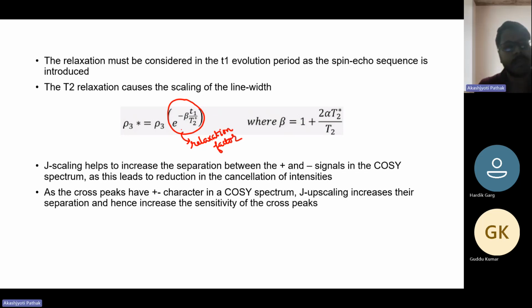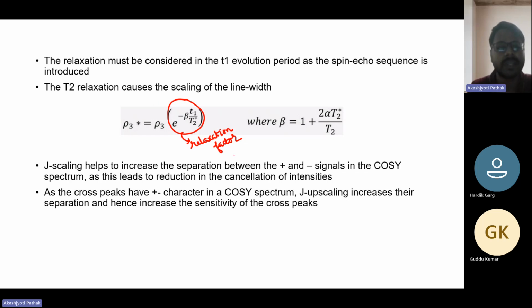It will be multiplied with this rho 3 term. So what is this relaxation factor? It is e to the power minus beta T1 by T2 star. What is beta over here? Beta is 1 plus 2 alpha T2 star by T2. So if we consider this T2 relaxation, what does this do? It causes the scaling of the line width.